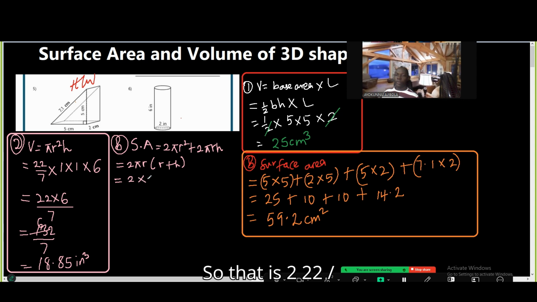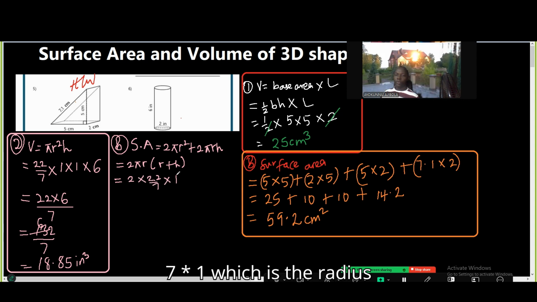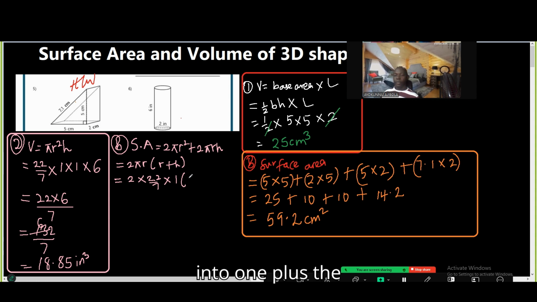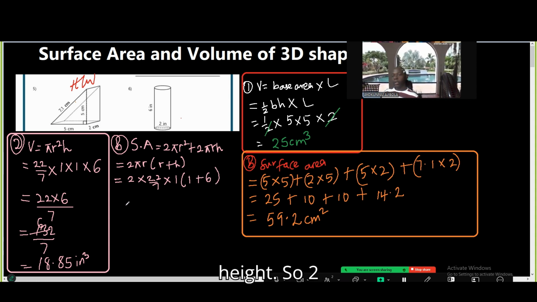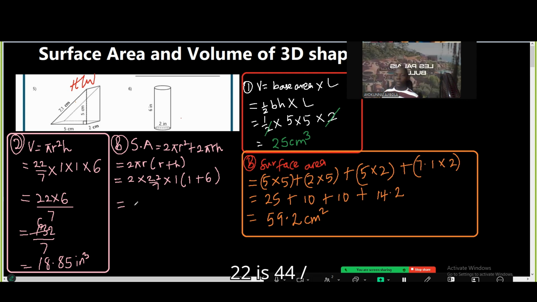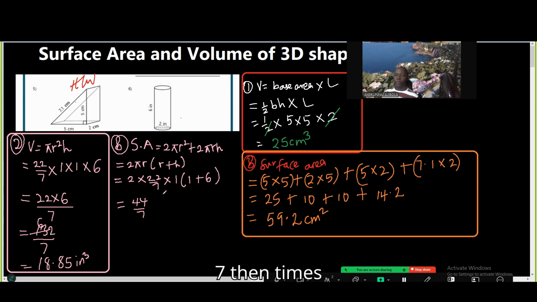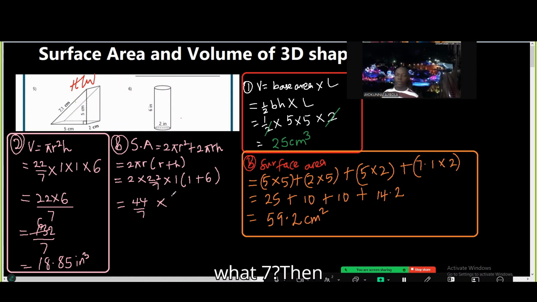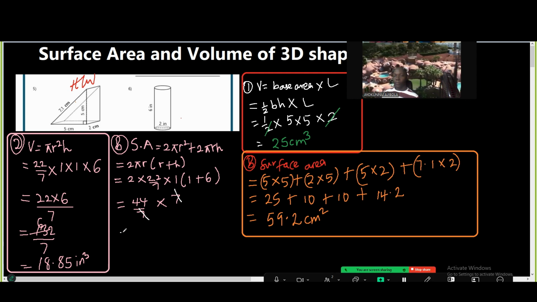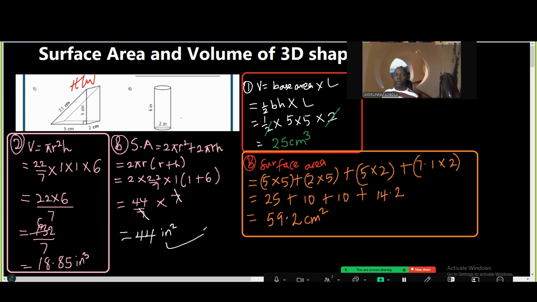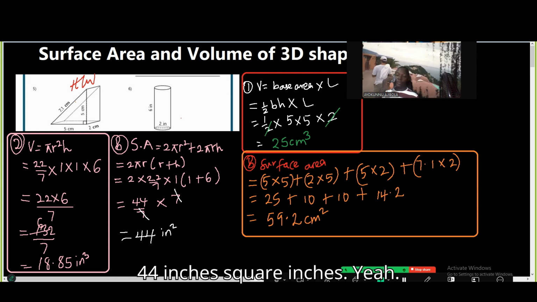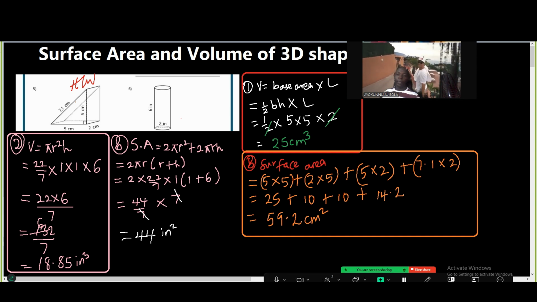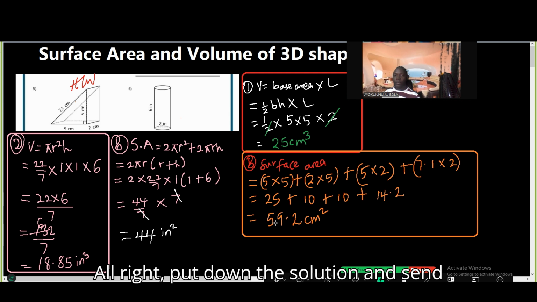So that is 2 times 22 over 7 times 1, which is the radius, into 1 plus the height. So 2 times 22 is 44 over 7, then times the 1 plus 6 is what? 7. Then you cancel 7, right? What is the answer? 44 inches squared. Yeah. All right, put down the solution and send me all your solutions.